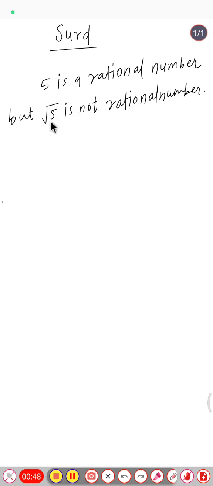It may be the square root or the cube root of any number, which may be rational or irrational.